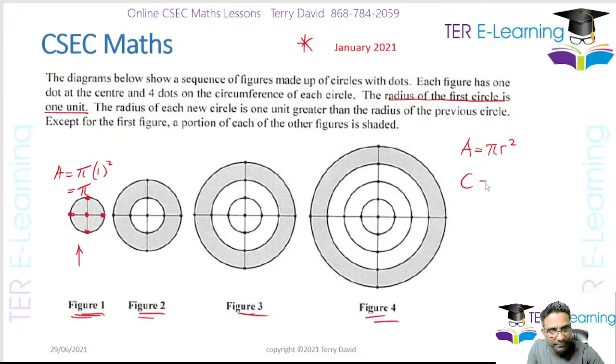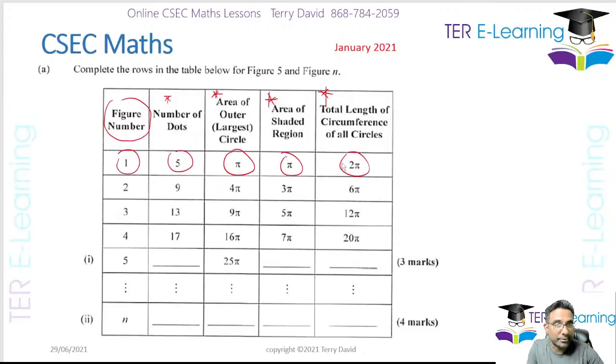Circumference of a circle is given by 2 pi r. So the circumference for this first circle is 2 pi multiplied by my radius, which is 1. So this works out to 2 pi. That's where they got 2 pi from. You need to understand your diagram, and how they come up with the values in the table.